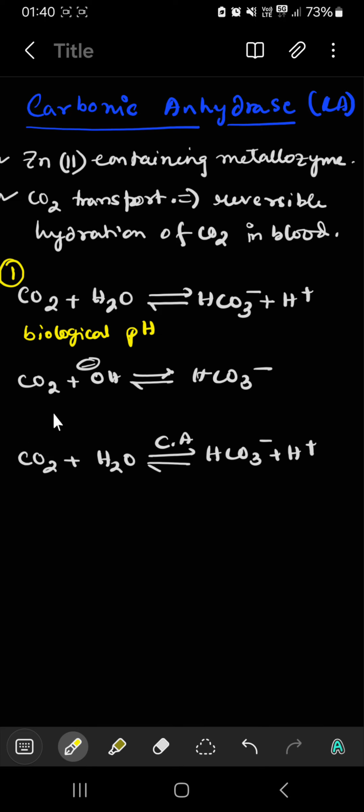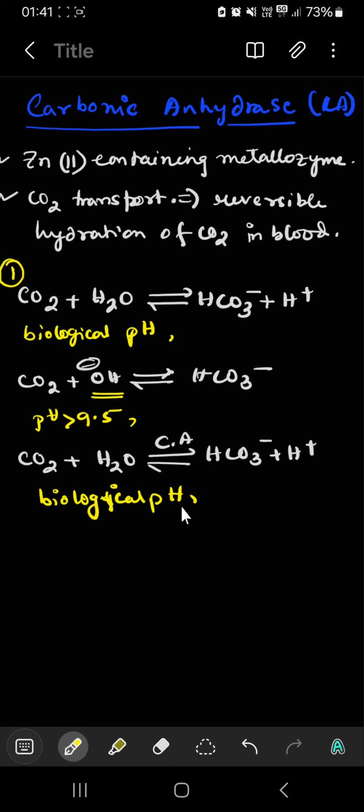The second case is pH above 9.5, that is an alkaline medium, because only then can we get the source of OH minus, hydroxide ion. And finally, the third is also at biological pH, but in the presence of carbonic anhydrase enzyme.